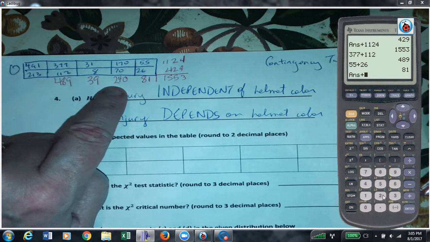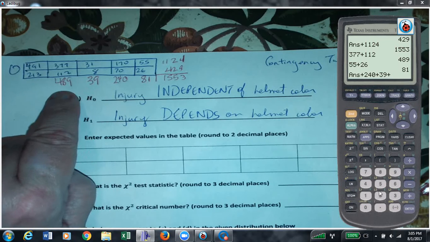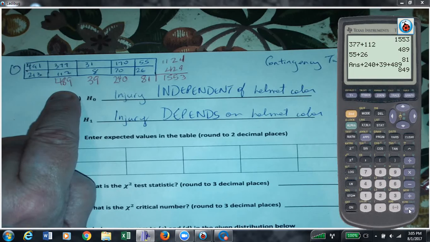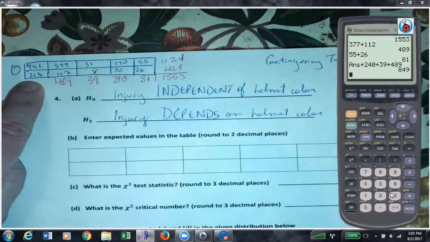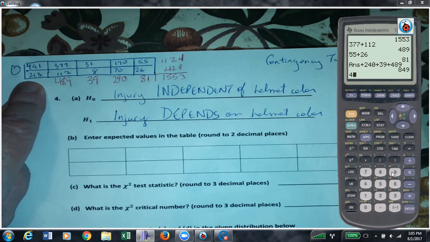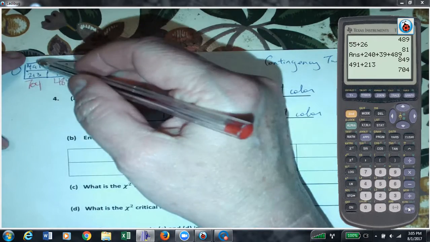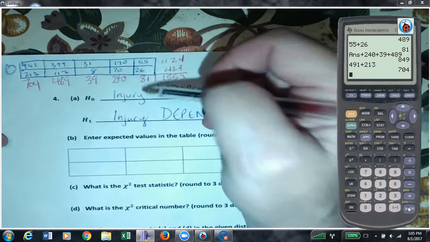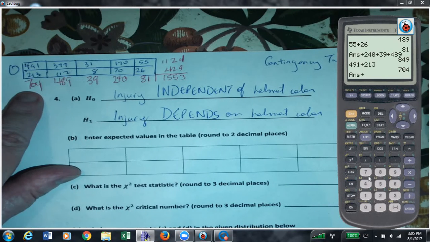So 81 plus 240 plus 39 plus 489 plus 704.